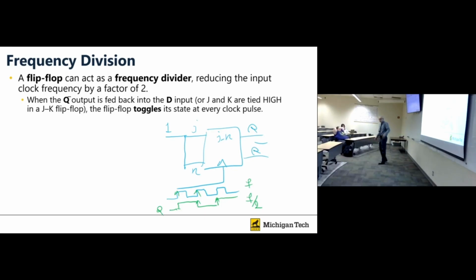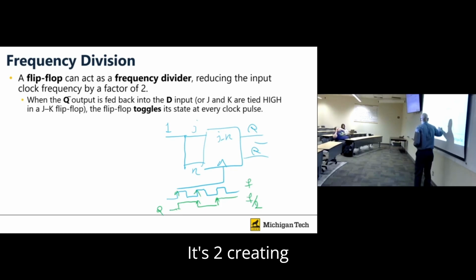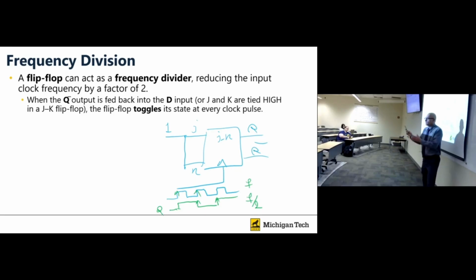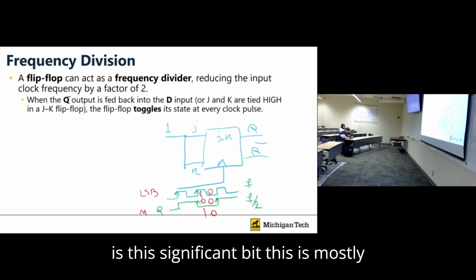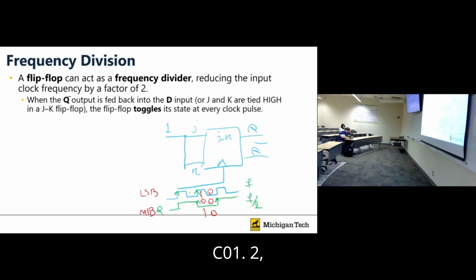It's 2 bits, creating 1 1, 0 1 1 0 0 0, counting from 0 to 3. This is 0 0, 0 1, 1 0, 1 1. This is the least significant bit. This is the most significant. This is 0, 1, 2, 3.